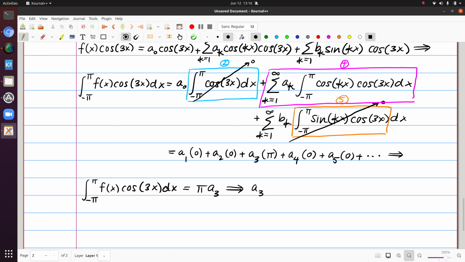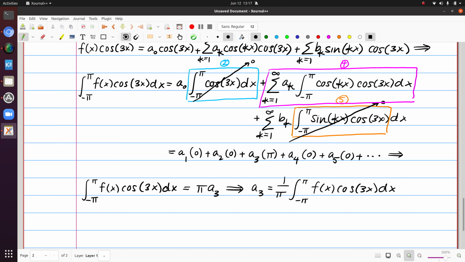And if I wanted to then isolate a3, I end up with 1 over pi times the integral from minus pi to pi of f of x cosine 3x. And of course, this is, again, how we defined this before. So now we can see what might have been originally confusing, why we have a 1 over 2 pi in front of a sub 0, whereas we have a 1 over pi for all of our other integral formulas.